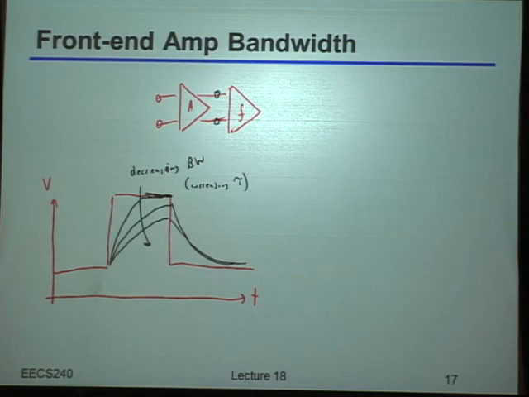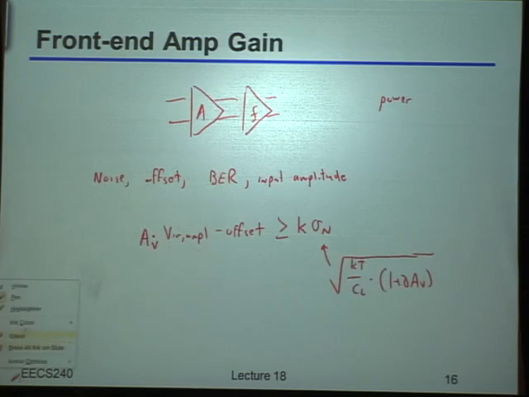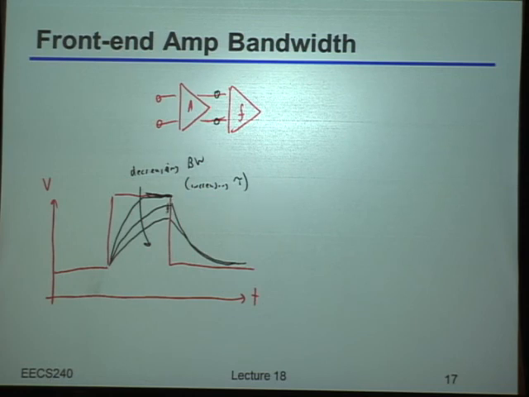Okay? Turns out there's actually a pretty interesting optimization you can do here, and you can maybe even see that there's kind of a coupling here. Right? This V in amplitude would actually change as you change the bandwidth of your amplifier. Because as you can hopefully see, there'd be some residual settling error due to the finite bandwidth.